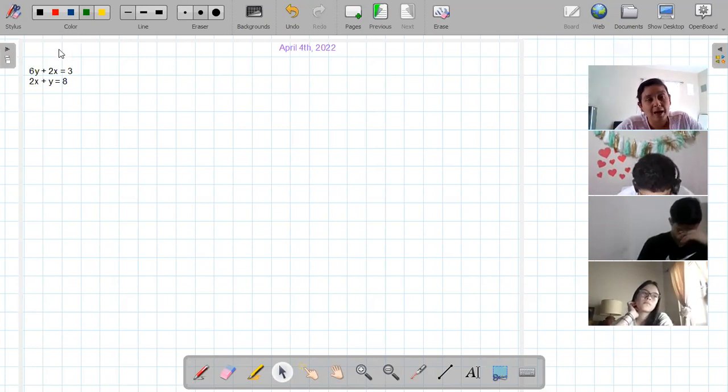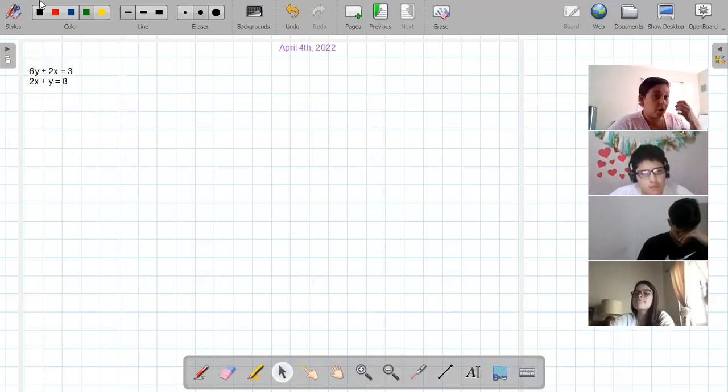We have two equations, just like normal: 6y plus 2x equals 3, and 2x plus y equals 8. We are going to use the method of substitution, meaning that you look for one of those two equations where it's easier to leave one variable alone, and then you substitute whatever you got into equation 1.